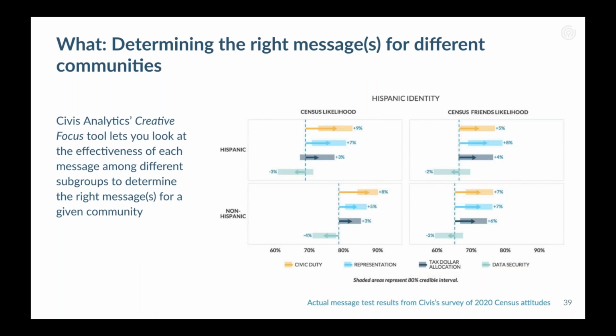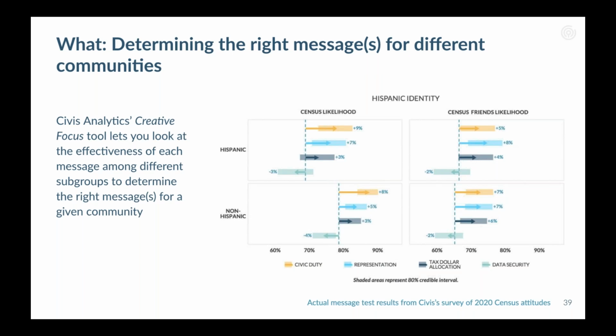Second, in terms of determining the message, we've also touched on this issue in the previous webinar, but just as a refresher, we want to determine the right message for the different communities that we approach.